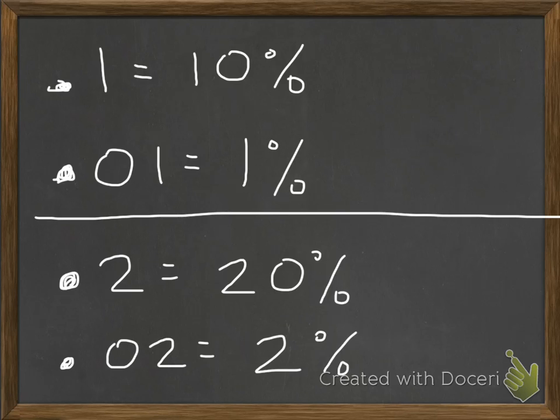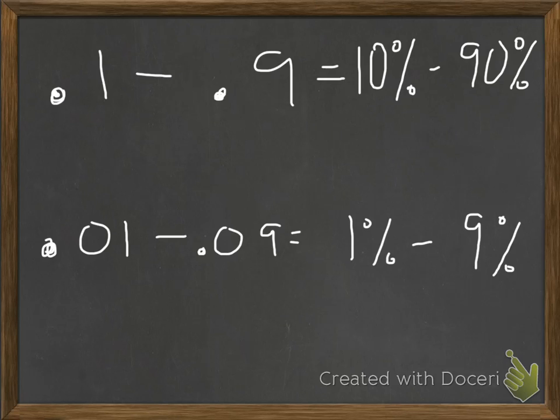A lot of the kids get confused, and when they come out with 0.2, they want to say that is 2%, but it's actually 20%. So basically any number between 0.1 and 0.9 is going to equal between 10 and 90%. So 0.1 is 10%, 0.9 is 90%, 0.5 would be 50%, 0.6 would be 60%.